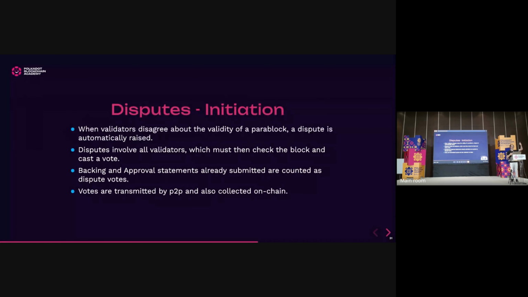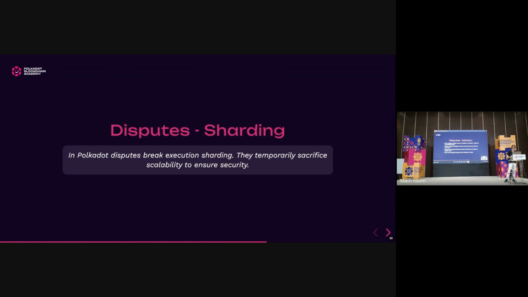We are taking the backing vote, which is correct, and our vote, which says incorrect. We package those two and send it as a dispute statement. This is essentially proof that at least two validators disagreed. We can escalate the matter. This is like providing a case to a jury or a court to actually resolve. Question? Mike?